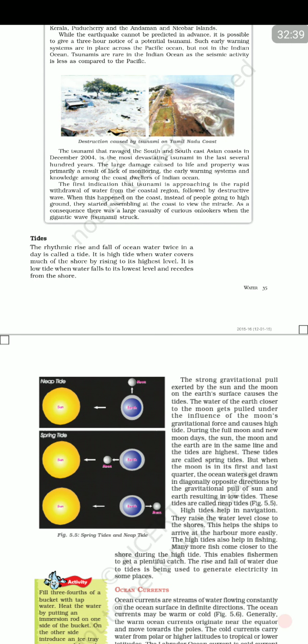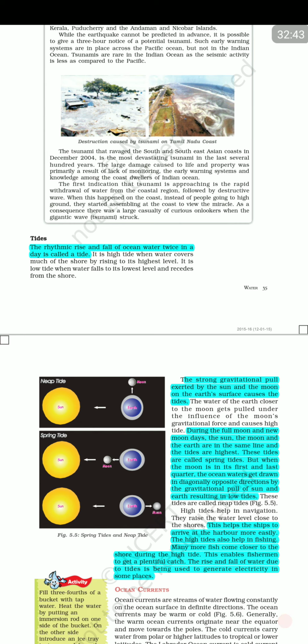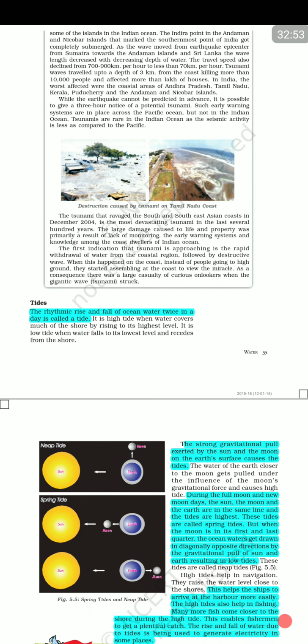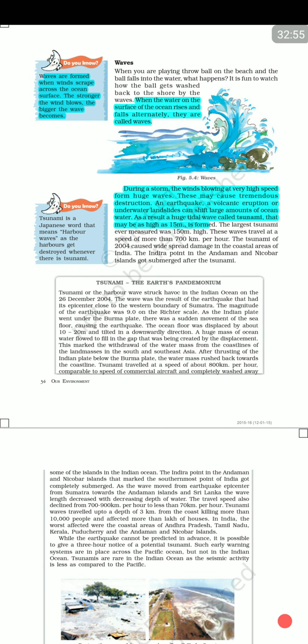Next we move to tide. Interesting, very interesting. Tides are the rhythmic rise and fall of ocean water twice in a day. See, in both tides and waves, there is fall and rise.